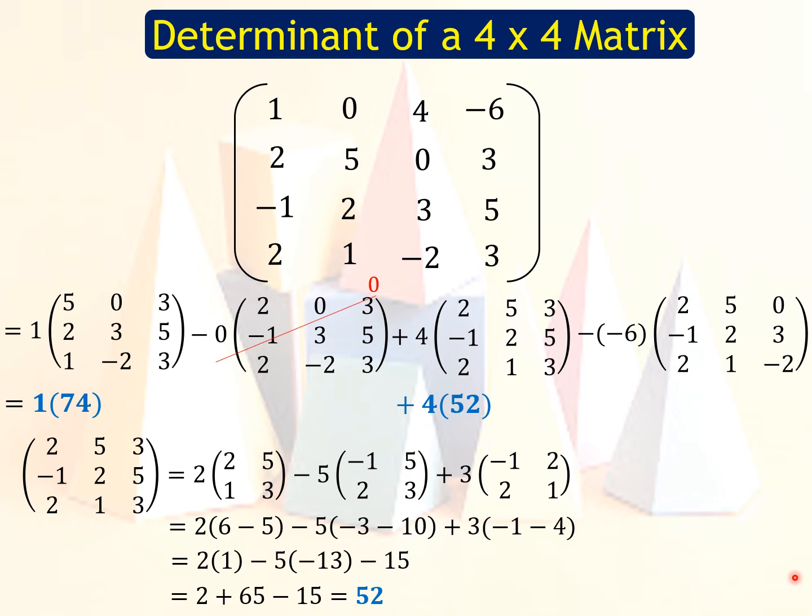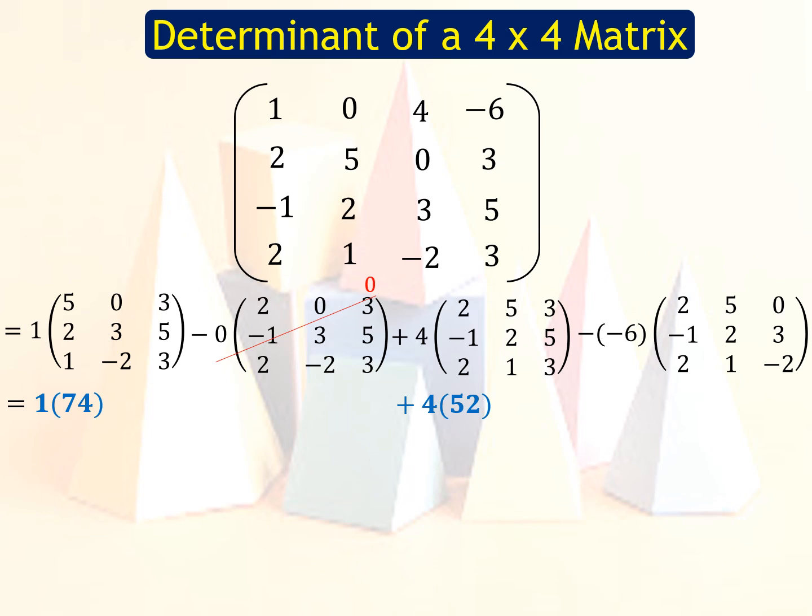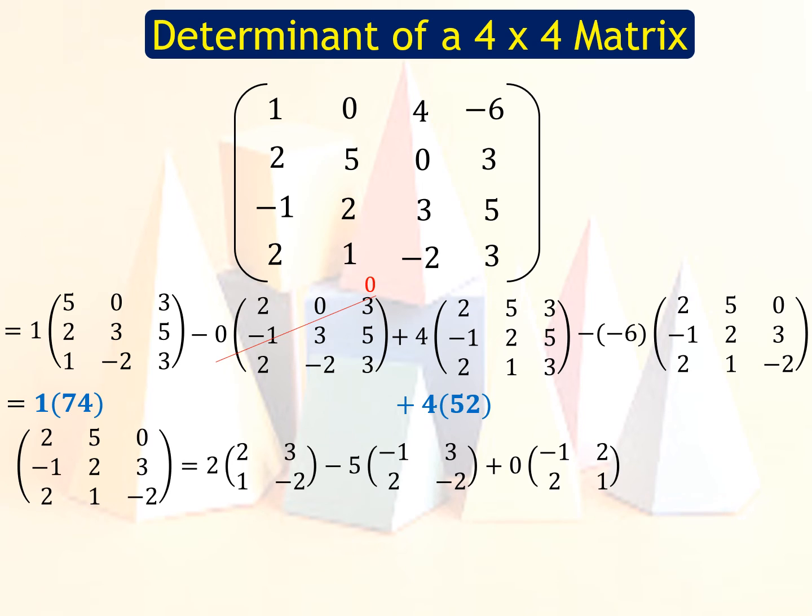So we are going to write in here, since we have 4 in here, 4 times 52, which is the determinant of this matrix. Then we shall have the last one. So we have 2, 5, 0, negative 1, 2, 3, 2, 1, negative 2. In determining the determinant of this matrix, we have to eliminate the first row and the first column.